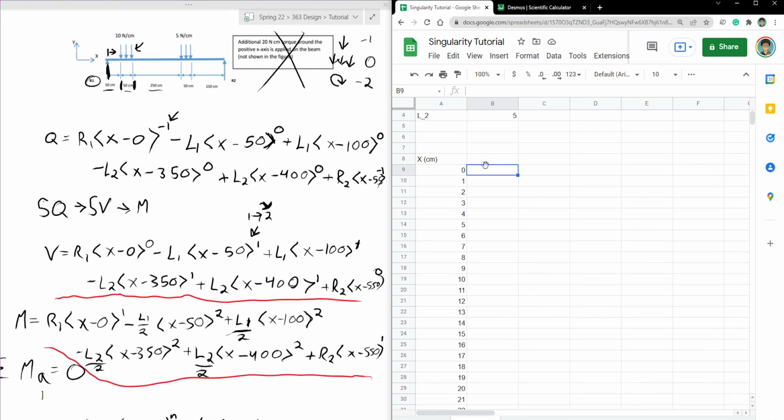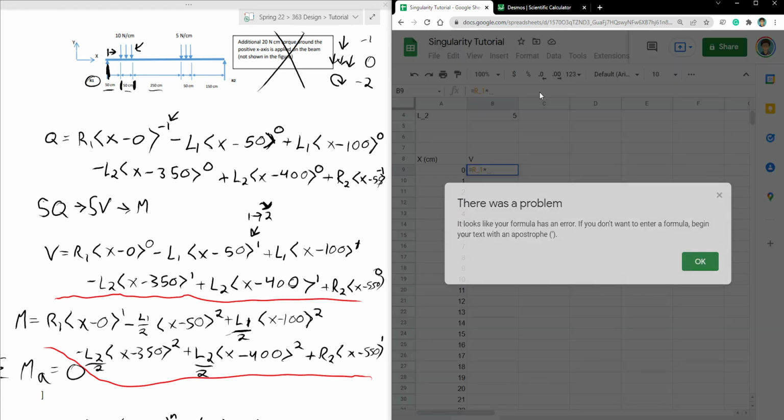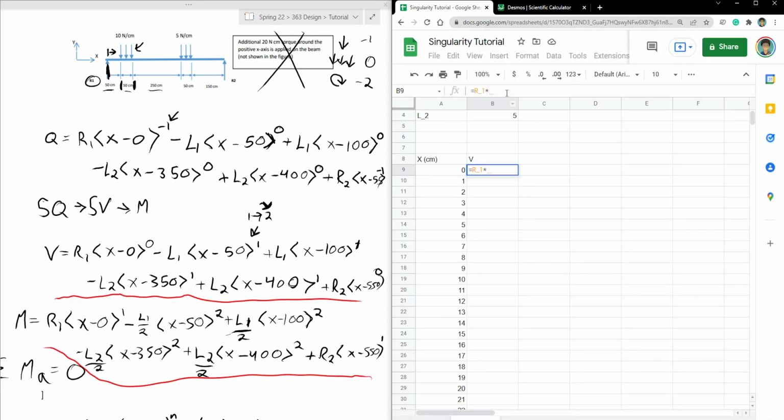So we'll go ahead and start with V1. So I'm going to go up here into the formula box, type in equal, and then I can type in R1 times, R1 times x minus 0 to the power of 0, which just becomes 1, but I'm writing it just so you guys can see, times x is greater than or equal to 0 minus L1 x minus 50 to the power of 1.